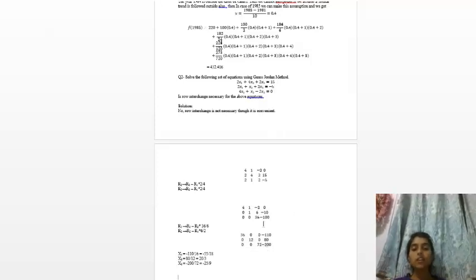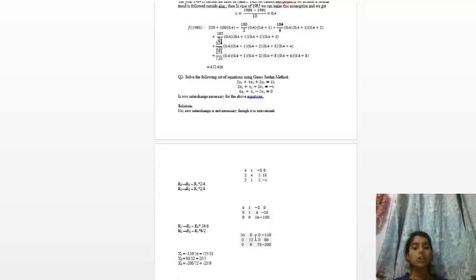Now, putting these values in the form of equations, we get 36x1 plus 0x2 plus 0x3 is equal to minus 110. So, x1 is equal to minus 110 upon 36, that is minus 55 by 18. The next equation is 0x1 plus 12x2 plus 0x3 is equal to 80.